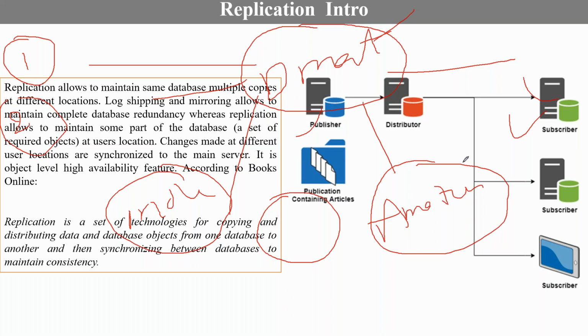No. Will clustering support it? No. Will Always On support it? No. Only replication will support it, sir. Means your publisher can be Oracle or SQL, and your subscriber can be Oracle or SQL. You can configure from SQL to Oracle, Oracle to SQL. That level of configuration you can make with the help of replication.